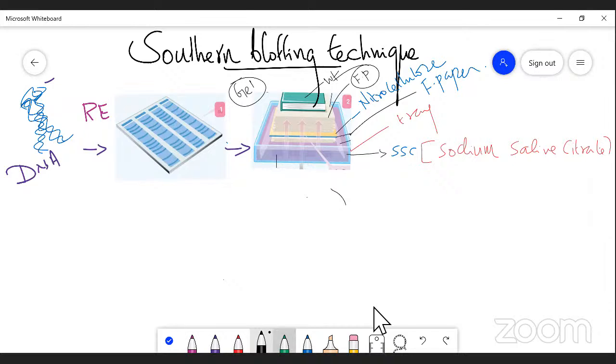After some time, what will happen is that the buffer, this sodium saline citrate, starts moving from one place to another, from the lower paper towards the upper portion, which is covered with a nitrocellulose membrane paper.